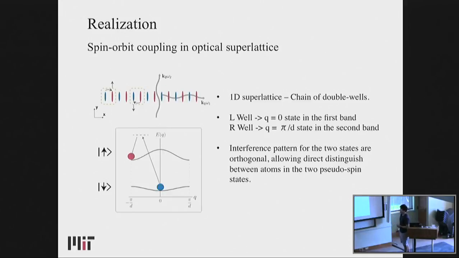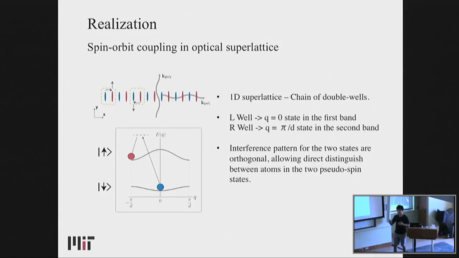After we understand our spin-orbit coupling scheme in a double well, we go into the experimental scheme in which we realize the system in a superlattice. Our system is a purely 1D superlattice, or say quasi-1D.